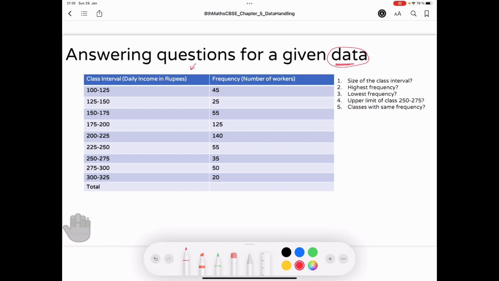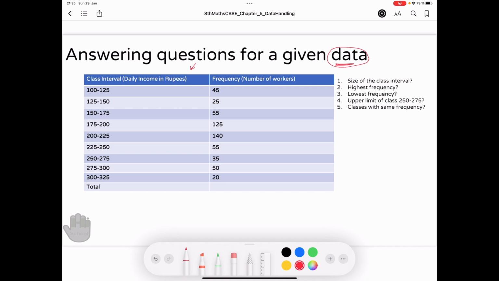Some workers earn, for example, 100 to 125 rupees per day, which is very low, but let's say it's a daily income. Some workers earn between 125 to 150 rupees a day, and similarly 300 to 325 rupees a day.